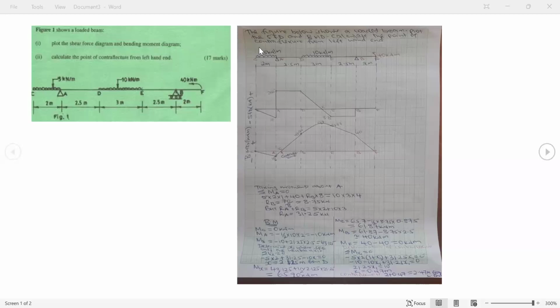Now, this point load is acting at mid of CA, which means it's acting at 1 meter. So we have that 1 meter to A, and then plus x1 units to this point here. That's why I have 1 plus x1, plus reaction at A, which is 31.25, but is acting x1 unit from the point of contraflexion. This is what we have here. We equate to 0 because at this point, the value of bending moment is 0.